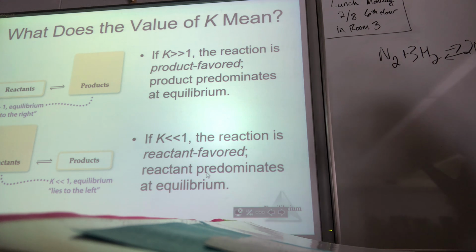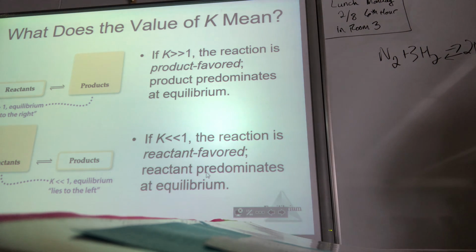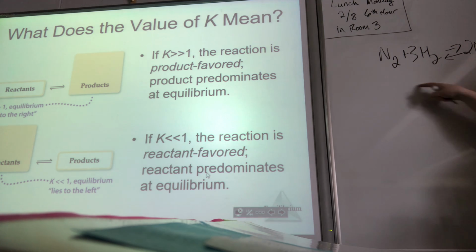If K is a very, very big number, it means your reaction is called product favored. So if K is much bigger than 1, very, very, very big number, then your reaction is considered product favored. Say we wrote an expression for this particular reaction, the way that we've written it, K would be a very big number.